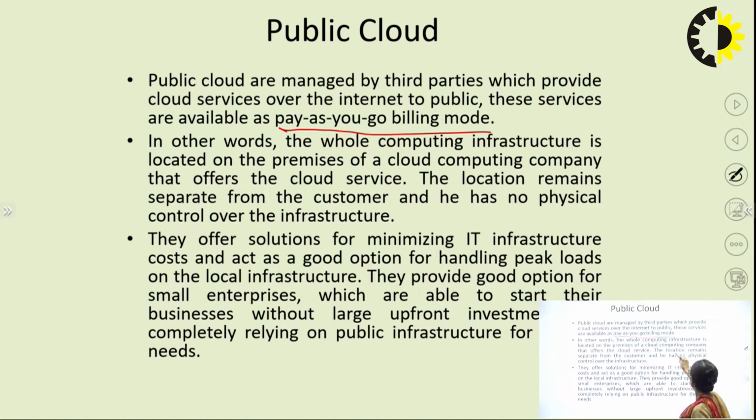The location remains separate from the customer, and that is why there is no physical control over the infrastructure, since nothing is present at the user end and everything is with the CSP.